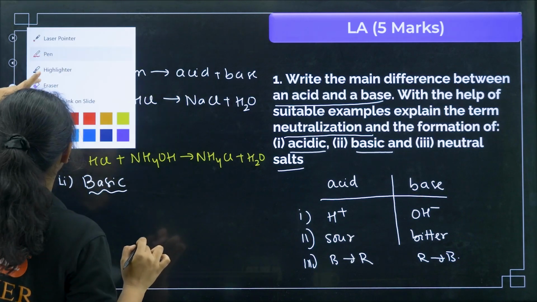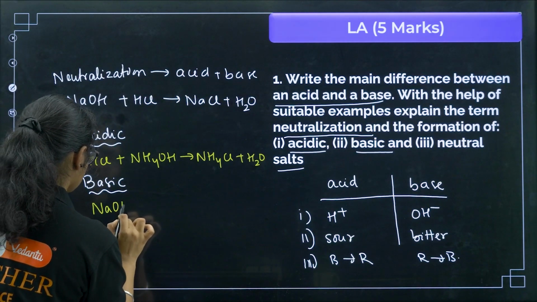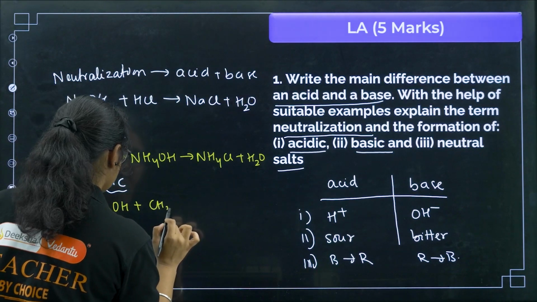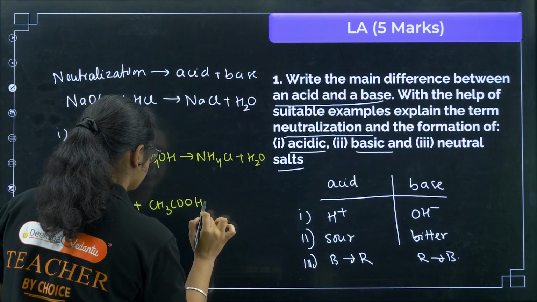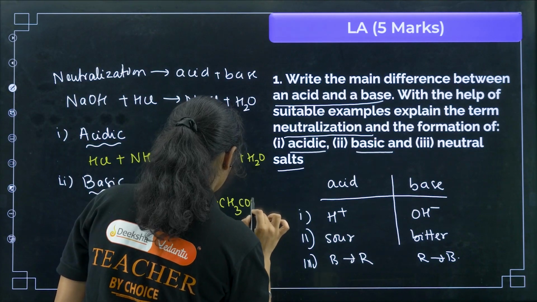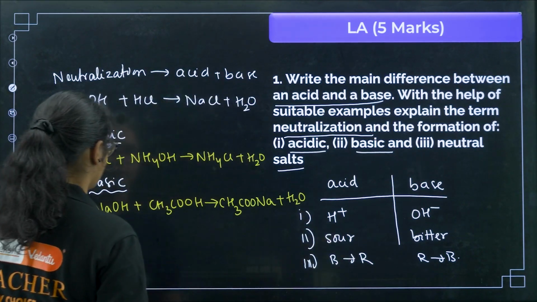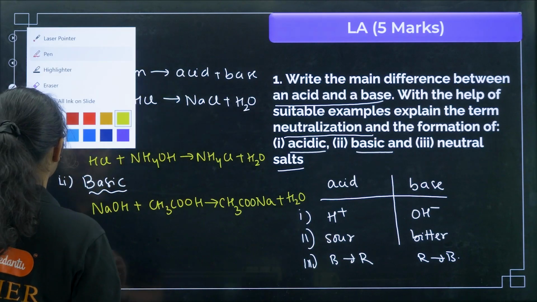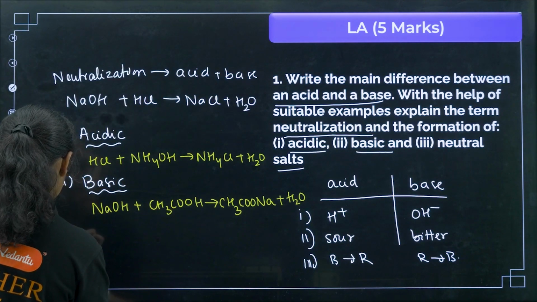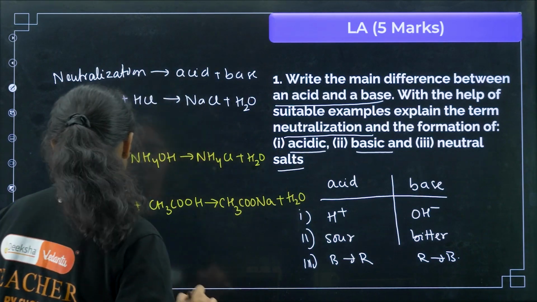Next, if we have basic salt. So for basic salt, we need a strong base, right? So if I take NaOH and a weak acid, CH3COOH, and this one will give you CH3COONa plus H2O. Next, coming to the third one, that is neutral salt, right?